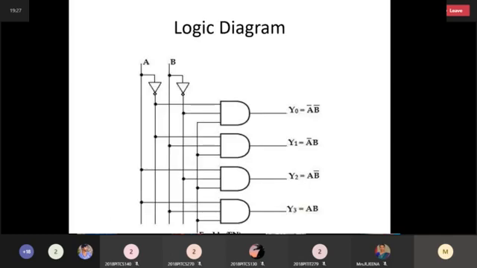A is 1 and B is the complement of the variable. Then another one, the enable input. So your output will be A B bar. Next, the fourth input is A is 1 and B is 1 and the enable input. So your output will be Y3 equal to AB. Clear about this? This is the 2 to 4 decoder.